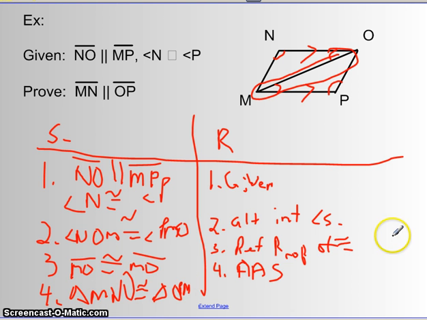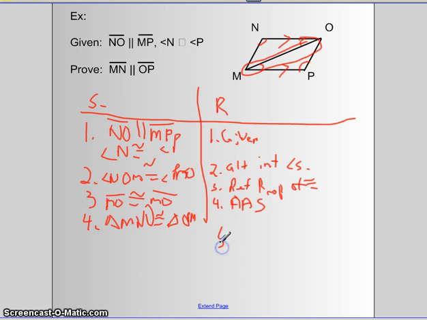Now once we have the triangles marked congruent, we can use this new thing that we just learned, the CPCTC, to state, oops, those aren't parts though. We need to state that these last two angles that I started to mark earlier are congruent. So we're going to mark that angle MOP is congruent to angle NMO.